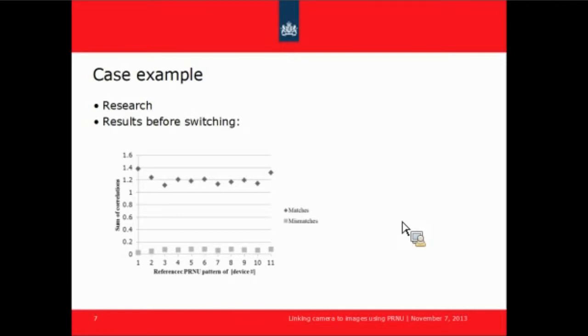If you compare the PRNU pattern of the different BlackBerry devices to each other, you get a score of around 0.1. So there's a big difference between matching values and mismatching values.